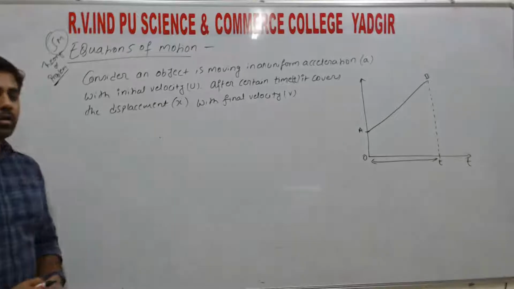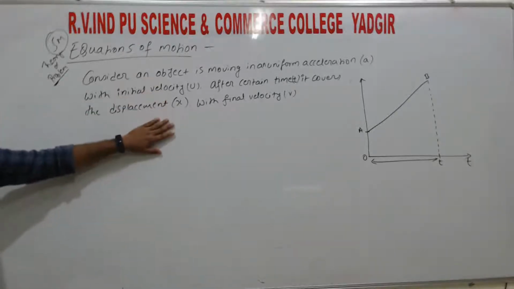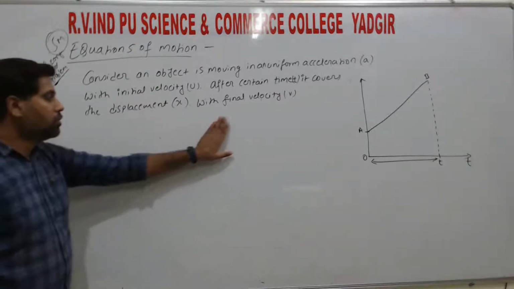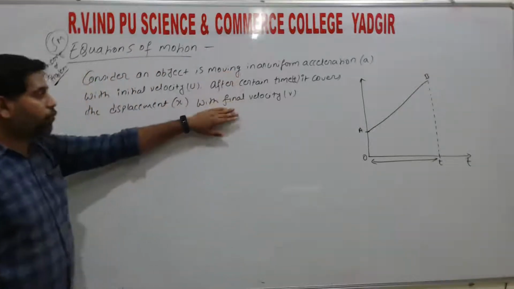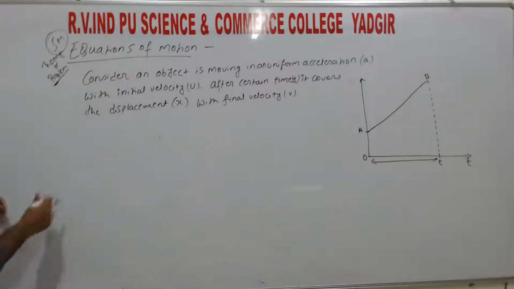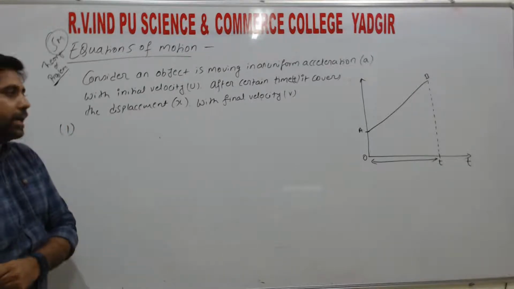So all the four variables are explained here, right? Now we need to derive the relation between these four variables. The first relation is v is equal to u plus at.